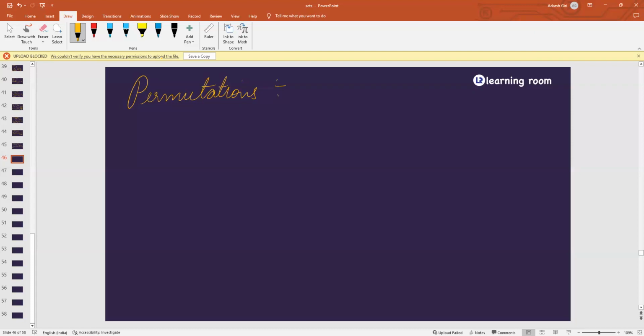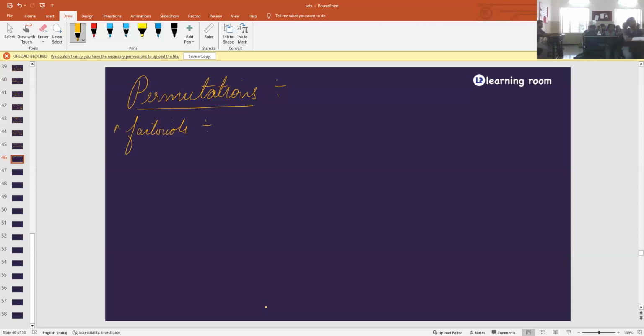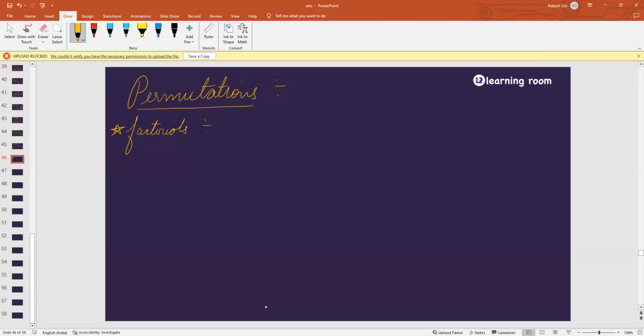Before entering into permutations, what we should know is about factorials. Okay, factorial notation. You know what factorial is? Let n be a positive integer.